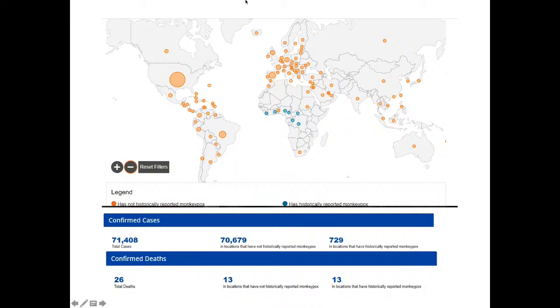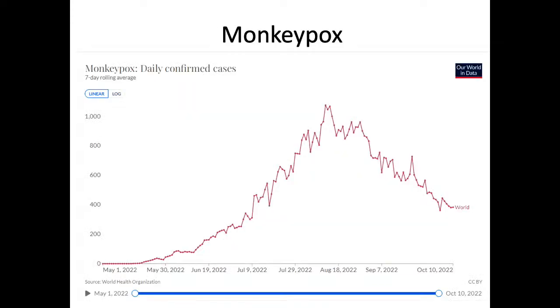And this is just recent statistics. Nowadays, this is what we see in many countries. In Georgia, there were 2 cases of monkeypox, but many cases were registered in the US, also South America, Brazil, and in European countries, in total over 70,000 cases and 26 deaths. So the mortality rate is quite low.